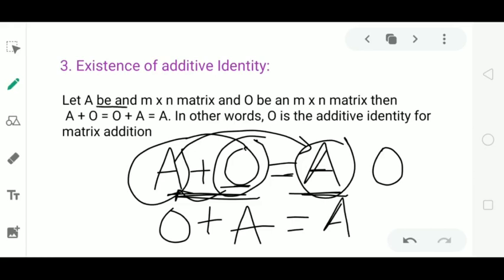Let A be an m cross n matrix and O be an m cross n matrix, then A plus O is equal to O plus A, which is equal to A. Here O is the additive identity for matrix addition and it is a 0 matrix.